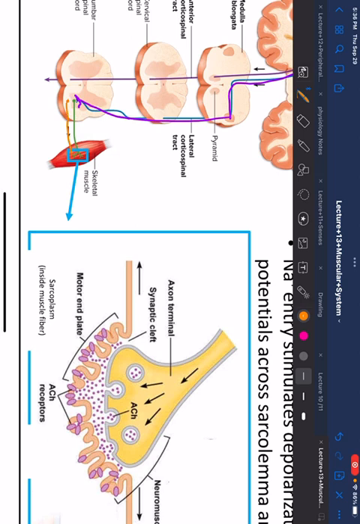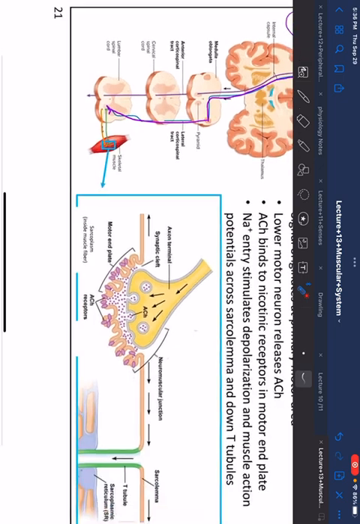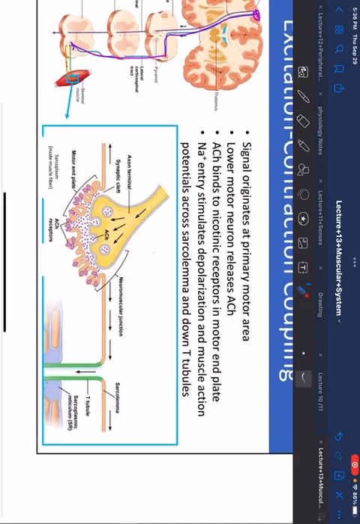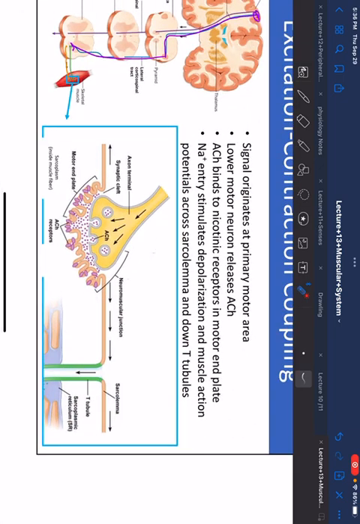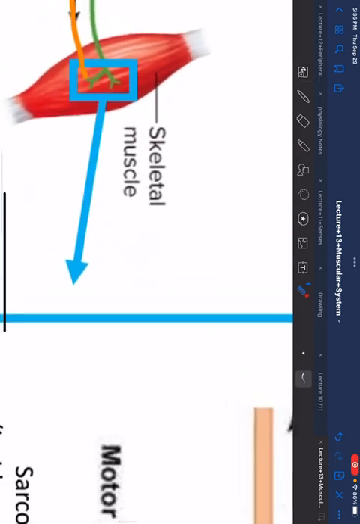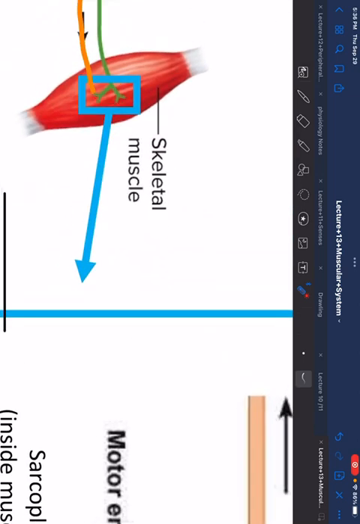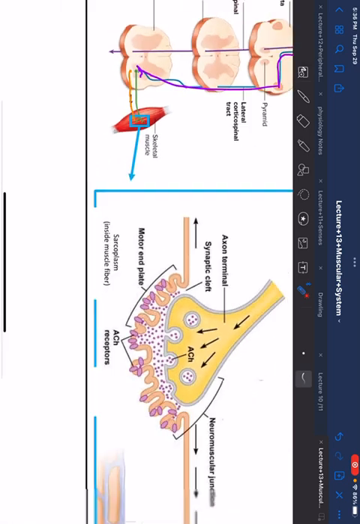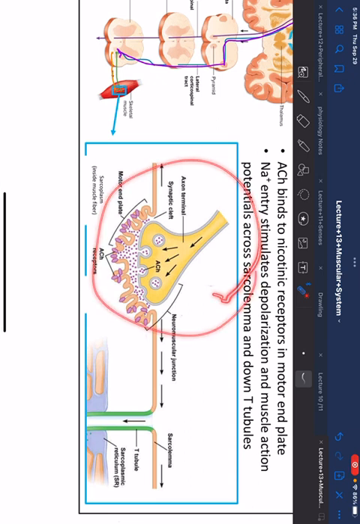Circled in blue, this is referred to as a neuromuscular junction. Circled in blue is the connection between the axon terminals of this neuron with the muscle fibers or muscle cells. Here's that same axon terminal, and here's the same muscle fiber. They're communicating with each other.